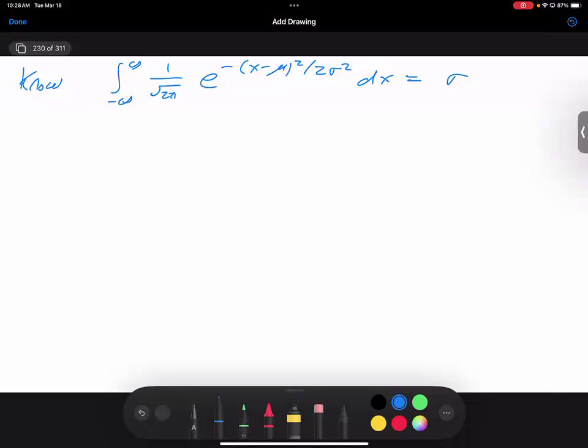What's the only thing that's left? What parameters do we have that are left? Mu and sigma. You've got a 50-50 chance. What should we differentiate with respect to? Whatever we do to one side, we have to do to the other. Sigma, right? If we differentiate with respect to mu, it's going to just be 0. Let's differentiate with respect to sigma.